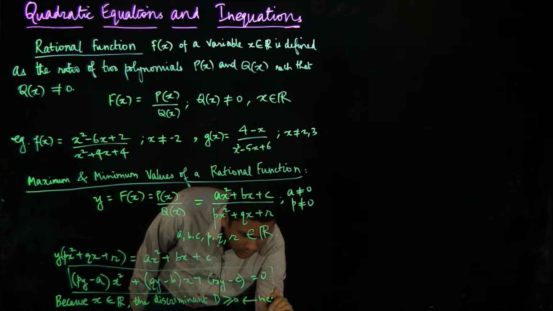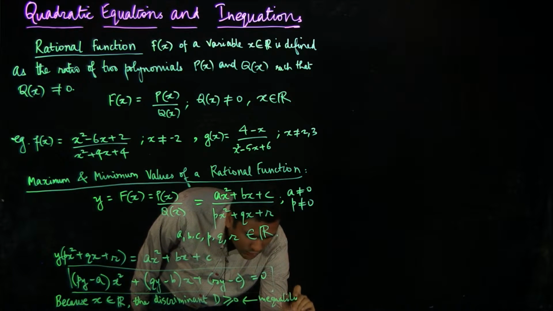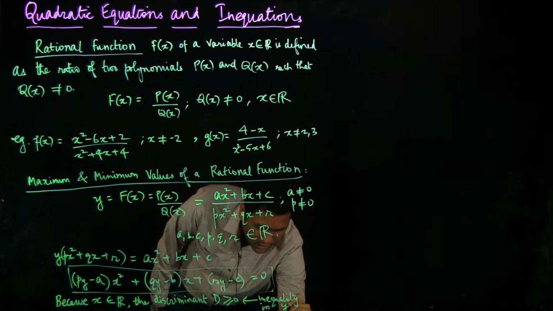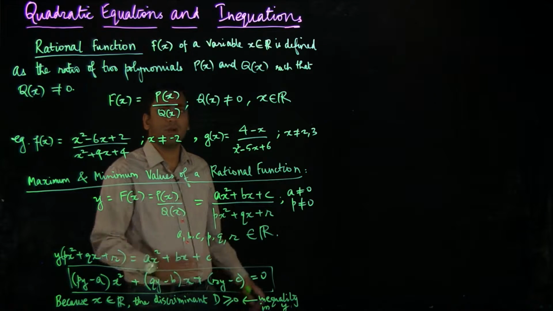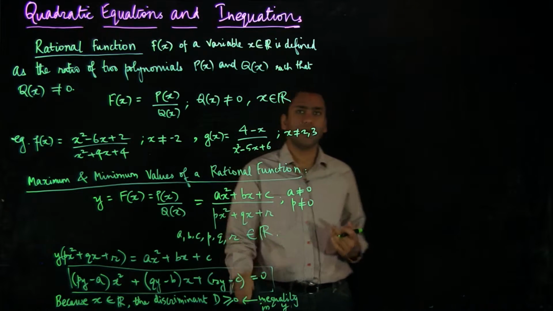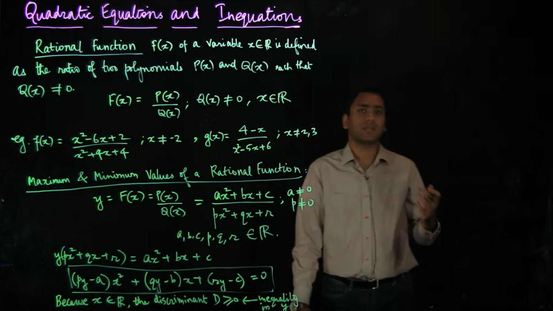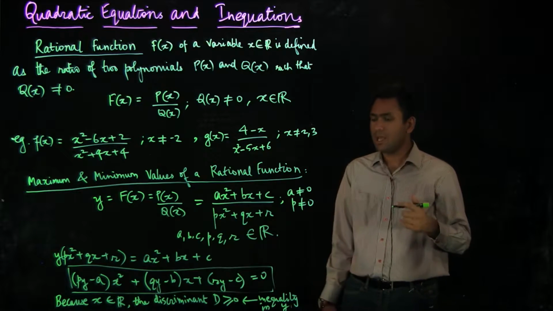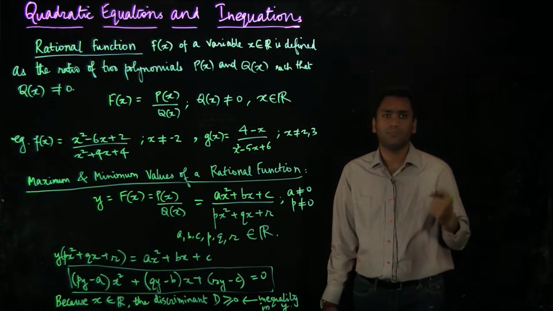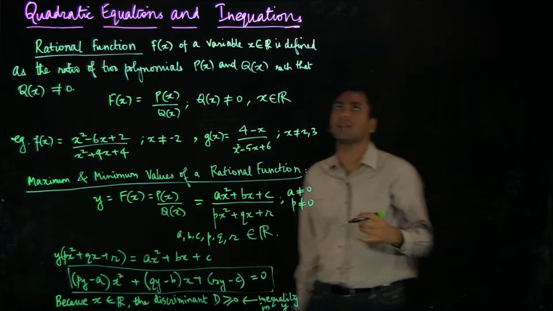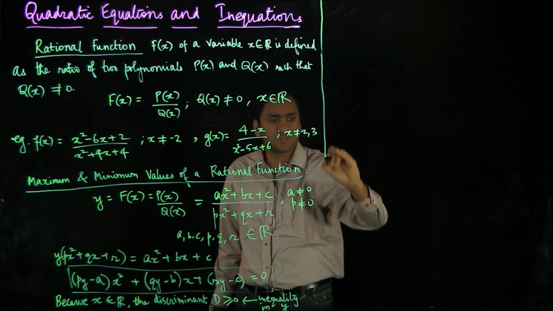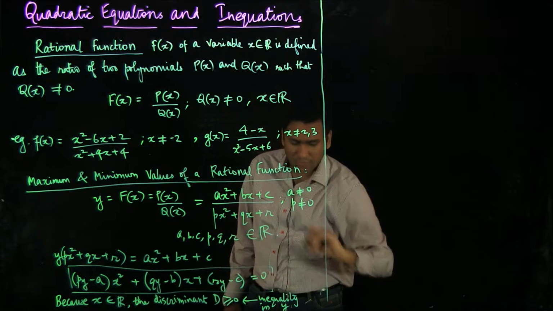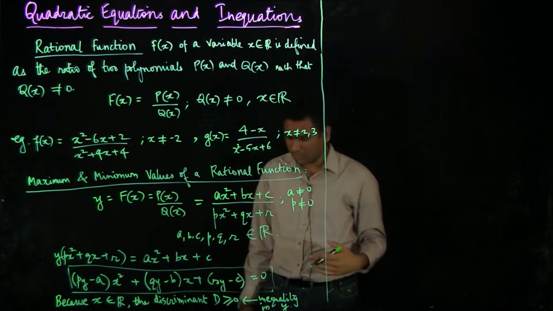So this would give you an inequality in y, and on solving this inequality you would have two bounds on the values of y. So you could have a minimum value of y below which y can never be, so that x is real, and you would have a maximum value of y beyond which y can never be, so that x is real. So this is how you can determine the minimum and maximum values of a rational function which is the ratio of two quadratic polynomials.